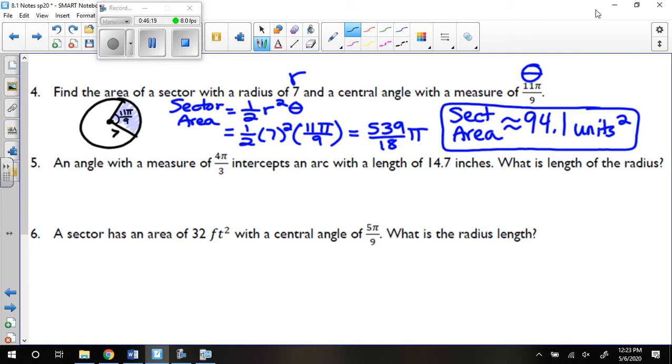Okay, an angle with a measure of 4 pi over 3 intercepts an arc with a length of 14.7 inches. What's the length of the radius? So here's my picture, here's my angle.